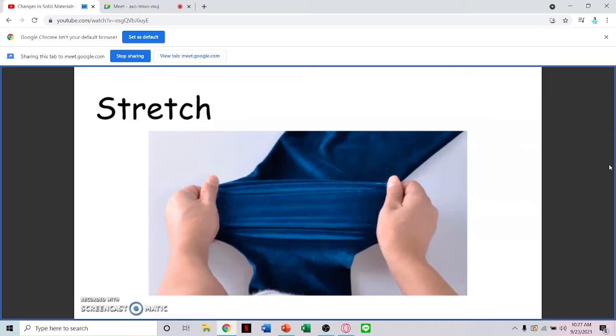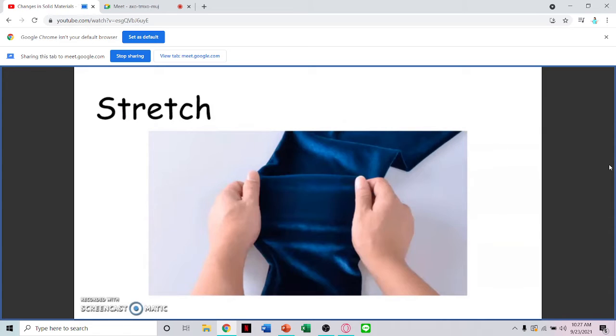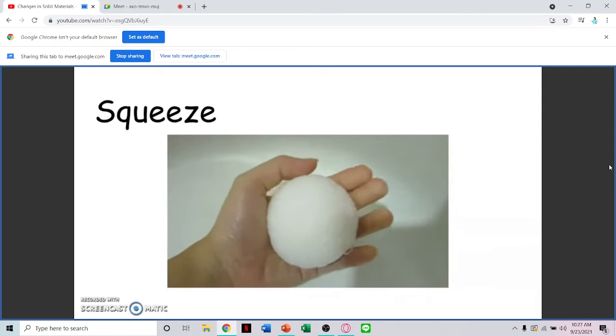We can stretch solids too. Stretching solids makes them bigger or longer. And we can squeeze solids. This makes them smaller.